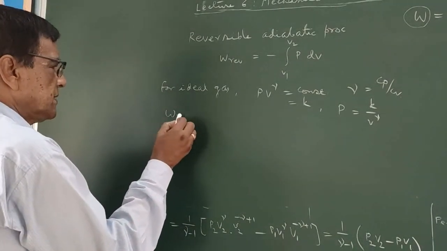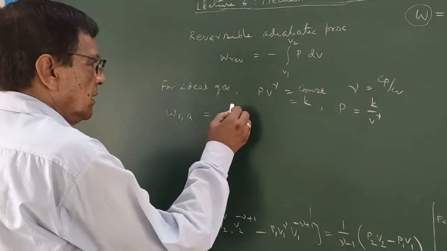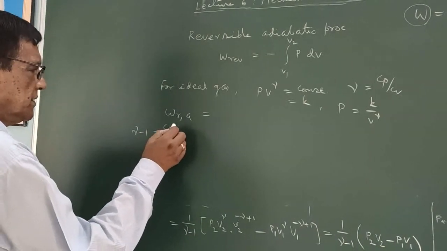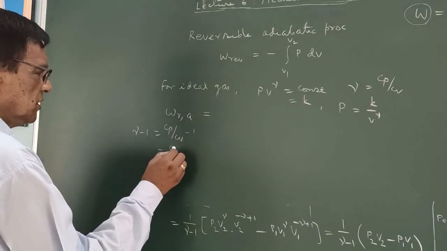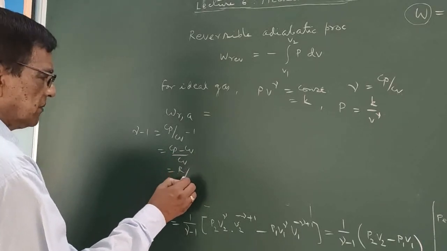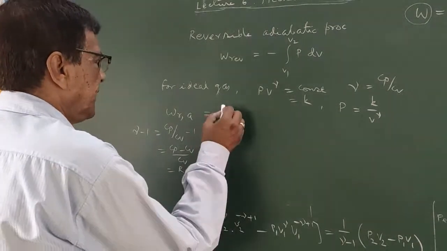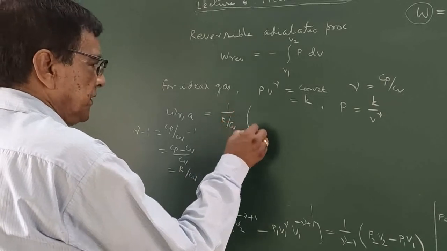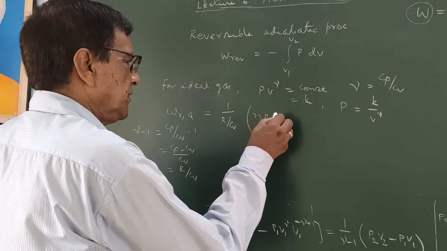For the reversible adiabatic process, gamma minus 1 equals Cp by Cv minus 1, which equals Cp minus Cv by Cv, which equals R by Cv for this ideal gas. So in the denominator there will be R by Cv. And here P2 V2 is equal to nRT2.